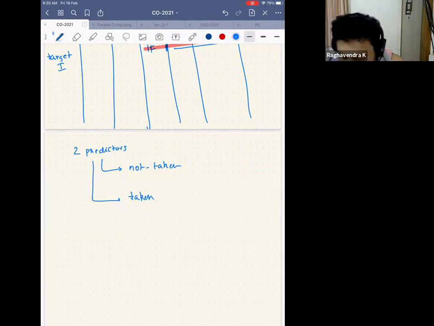So let's look at a for loop. This is the C code that you have been accustomed to.